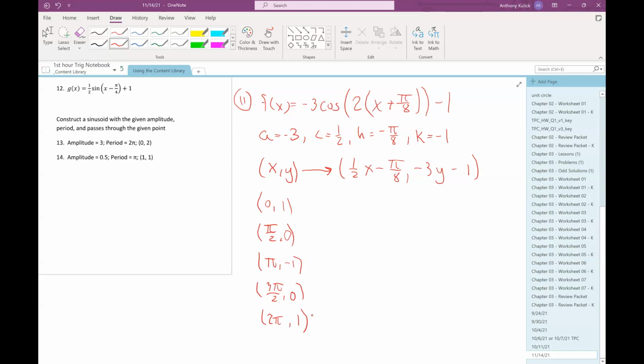All right. And now from here, all I'm going to be doing is plugging in my x's and y's into the little formula that I've made and evaluating. So 0 times a half minus pi over 8 is just negative pi over 8. Negative 3 times 1 minus 1 is negative 4. And I'm just going to continue doing that. Is that okay if I just do this part in my head here? Yeah. You're okay with the arithmetic? Yeah. Okay. If we need to, we can always write things out.